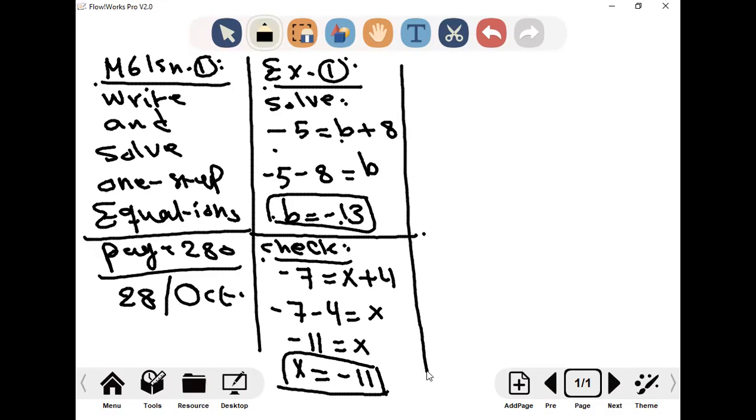I want x alone. How do I make x alone? I need to get rid of this +4, right? How? Push it to the other side, or transform it to the other side. It will be negative.